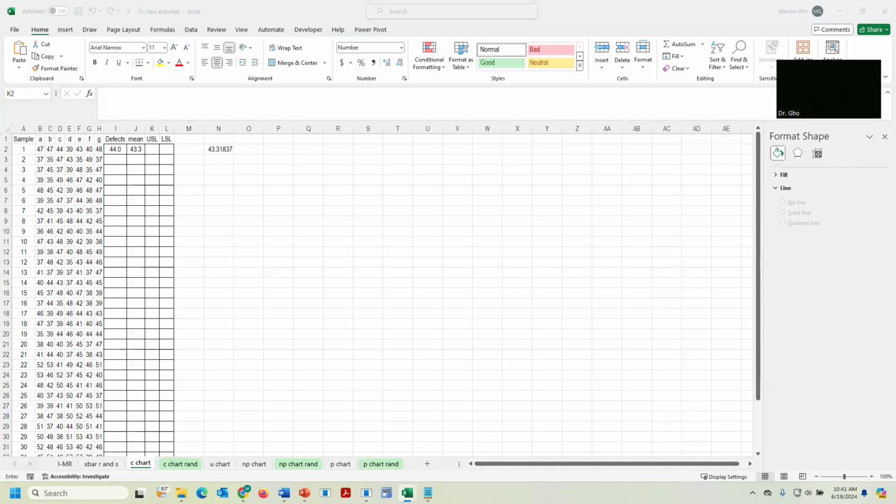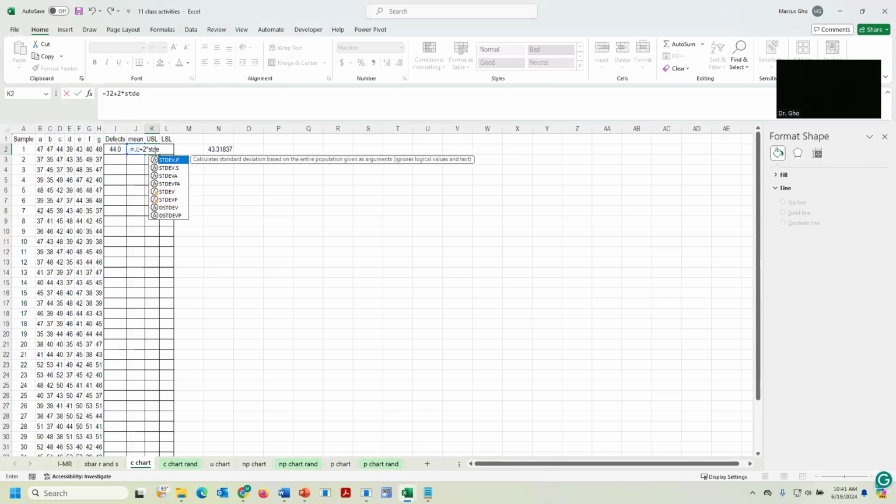So equals J2 plus 2 times standard deviation from all of these.